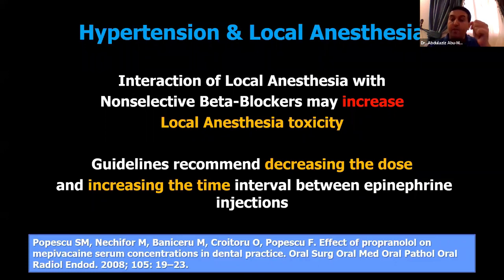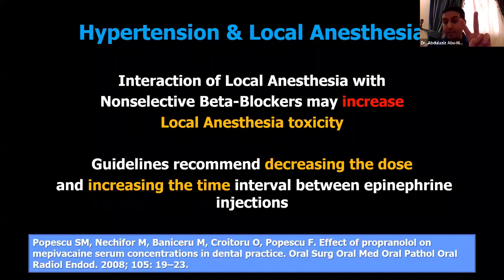How much do I give? I'll talk about this in detail in the cardiac patient, but this number is 0.04 milligram. This is the maximum amount of epinephrine you can give to those patients. For a regular local anesthetic, you might give 2% lidocaine with 1 to 1,000 epinephrine.